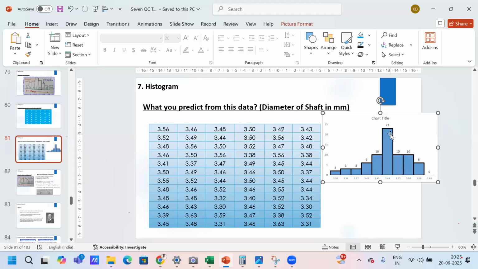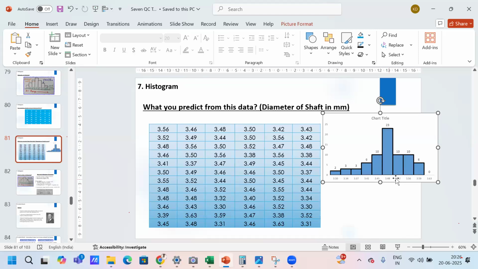Sir, I have one question. In the data there is 3.49 also mentioned, so where is it reflected? That value is not reflected in this chart. Actually, what the histogram is doing, if it is 3.49, it takes it in the range between 3.48 and 3.52.